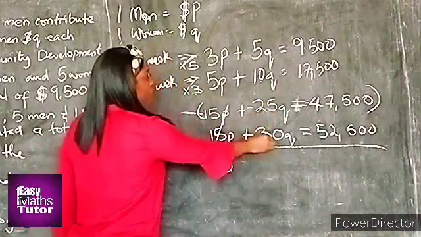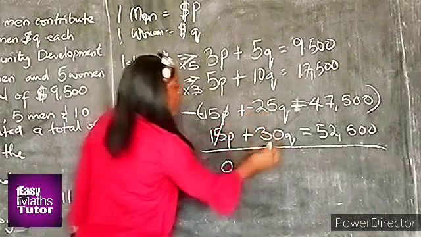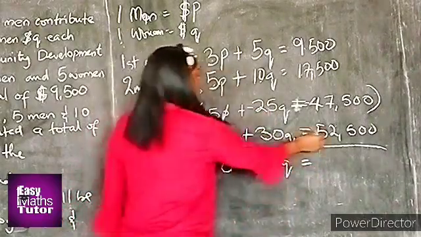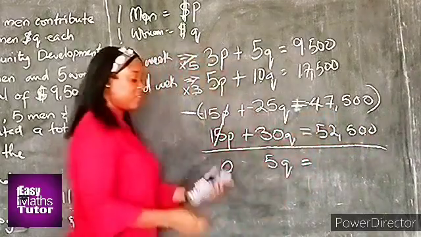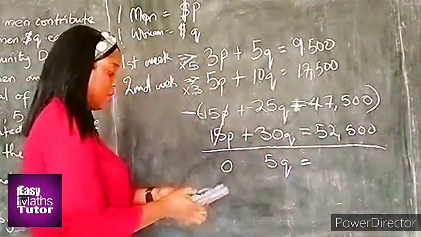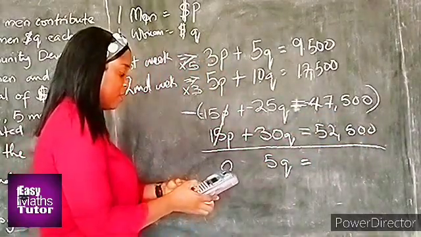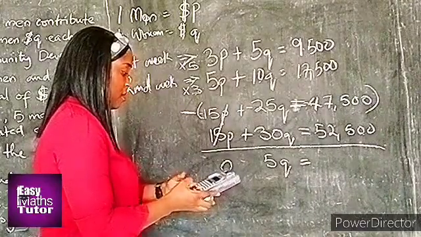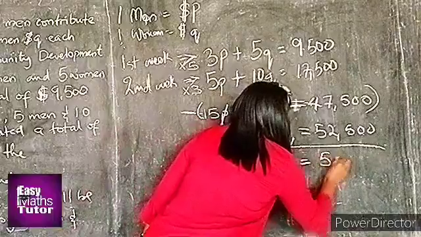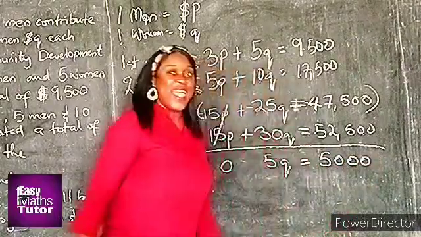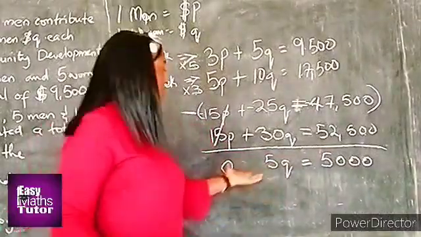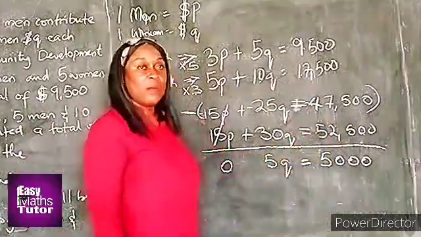30Q minus 25Q will give us 5Q. 52,500 minus 47,500 will give us 5,000. Hooray! We're seeing an equation very easy and straightforward coming up.